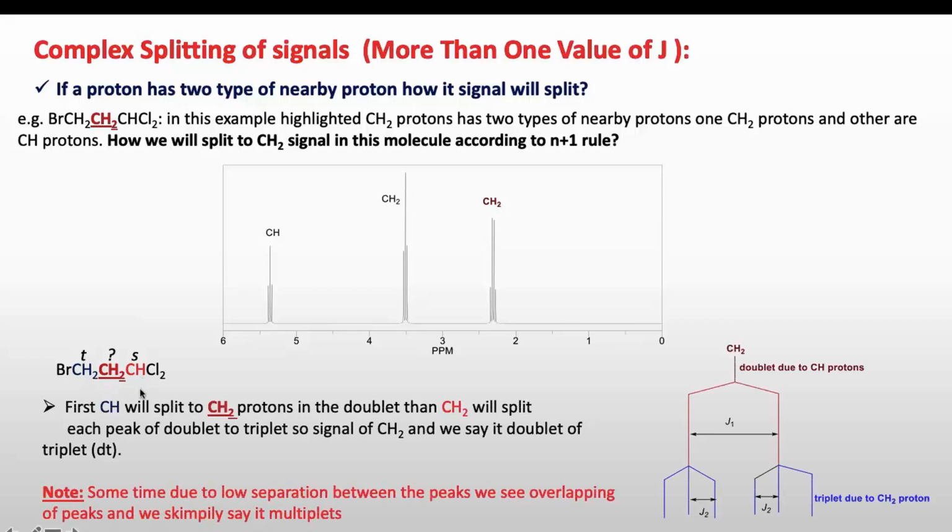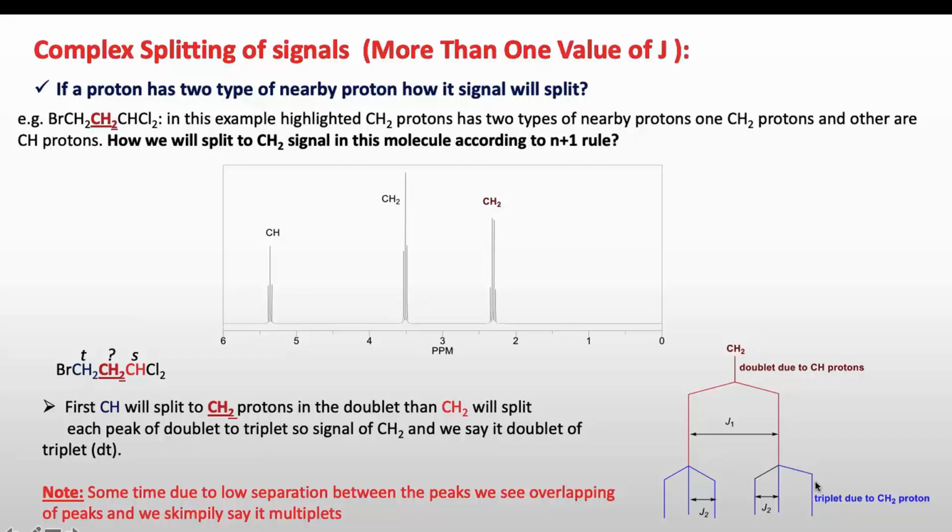So let's start. For example, if this CH2 couples first with this CH proton, this CH will split the signal of CH2 into a doublet. Then this CH2 will split that signal into a triplet. Means first CH is splitting the signal of CH2 into a doublet, and then another CH2 group will split this signal into a triplet.